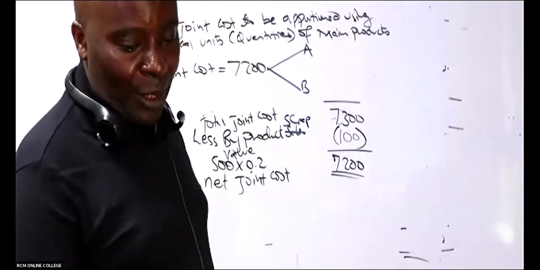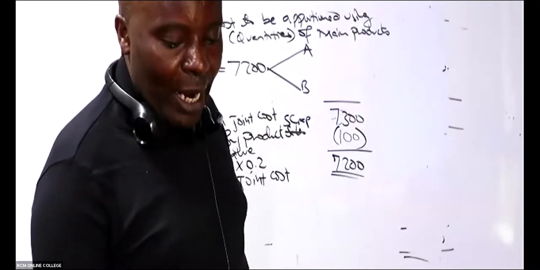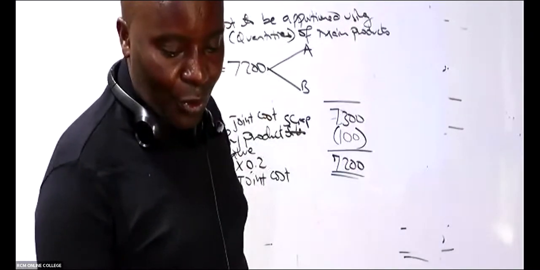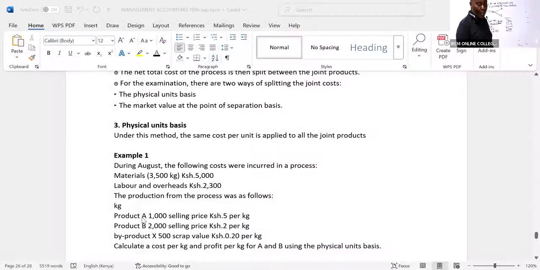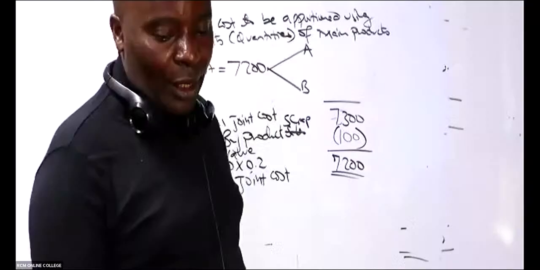Do we have their physical units? Yes. On a physical units basis, product A is 1,000 kilograms and B is 2,000 kilograms.